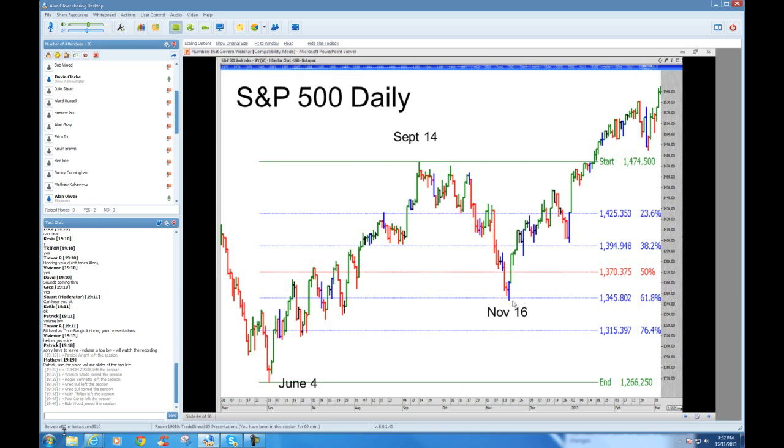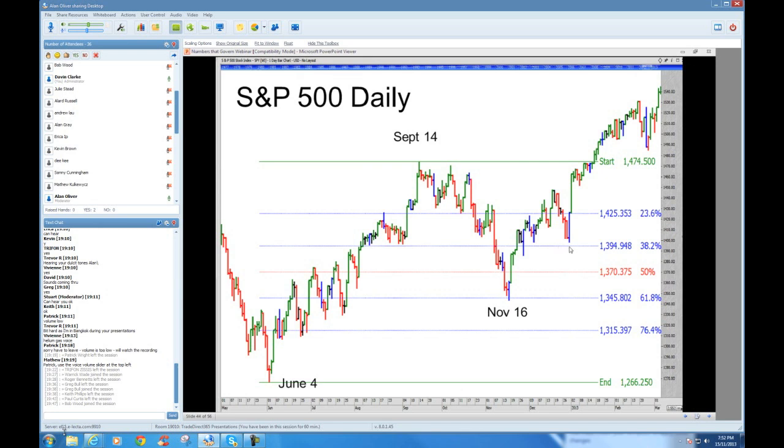Have a look at one of the largest stock markets in the world, how it reacts to these Fibonacci numbers. November 16 here, it went over by 1 or 2 points and then started a very strong reversal. You can see a double bottom low here, virtually tapping right on the 38.2%.